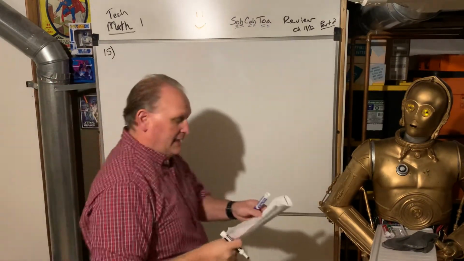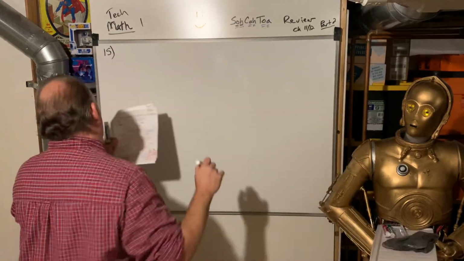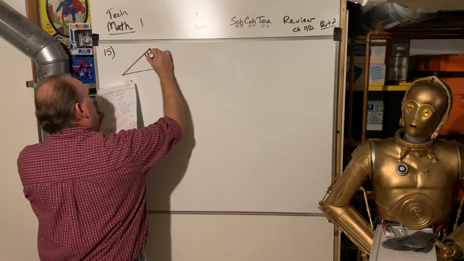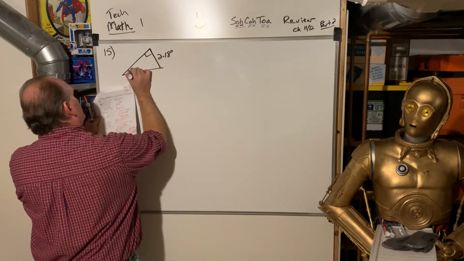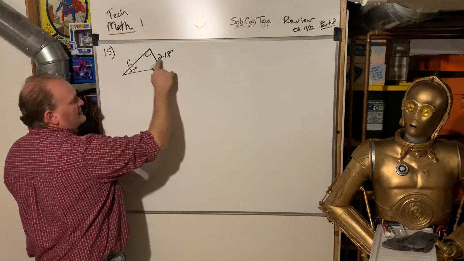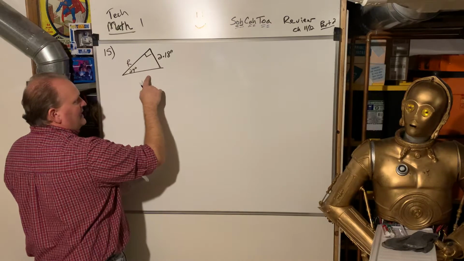and that is find r to the nearest hundredth, and so they give us a right triangle. They tell us this is 2.18 inches, they tell us this is 24 degrees, and they tell us this is r. So again, this is opposite and adjacent, not hypotenuse.